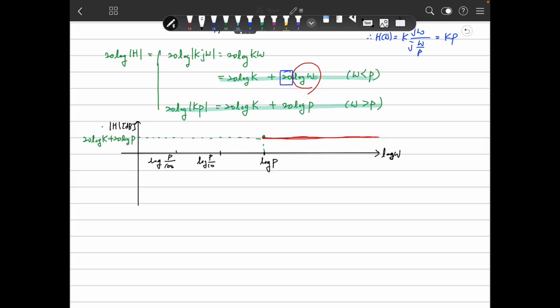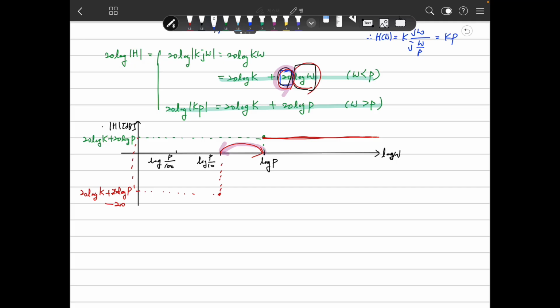Then what's the meaning of the 20? When you decrease 1 decade here, then the value is decreased by 20. In other words, when you go 1 decade up, then the value is increased by 20. So when you say their value is 20 log K minus 20 log p plus 20, then this is a point.